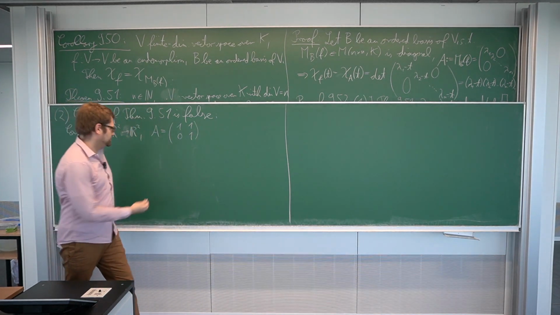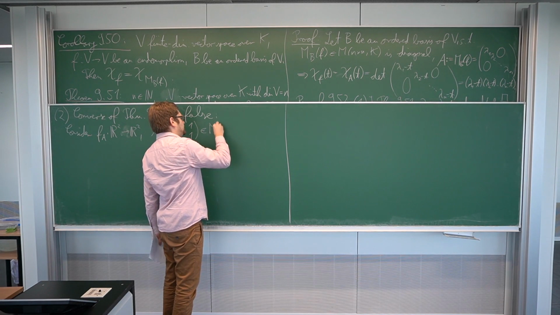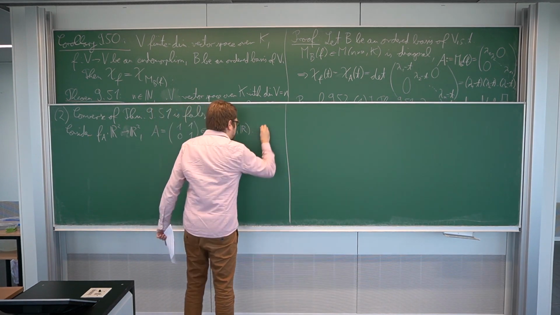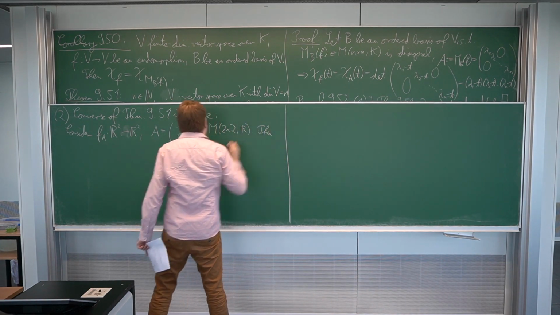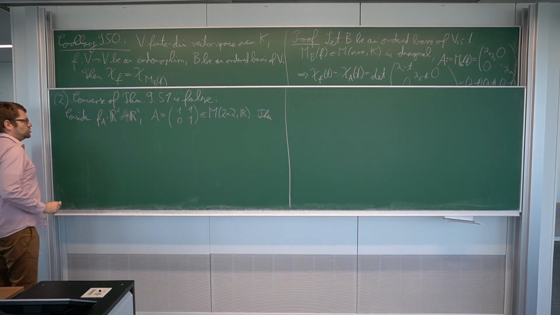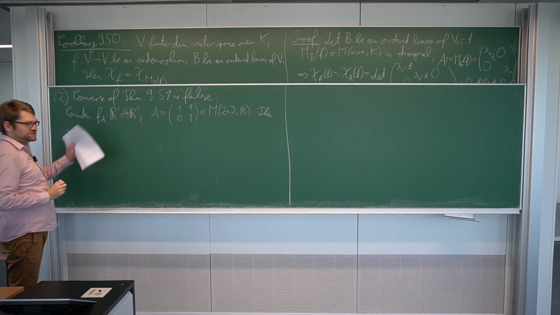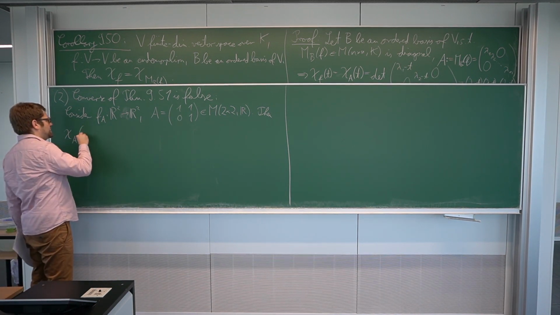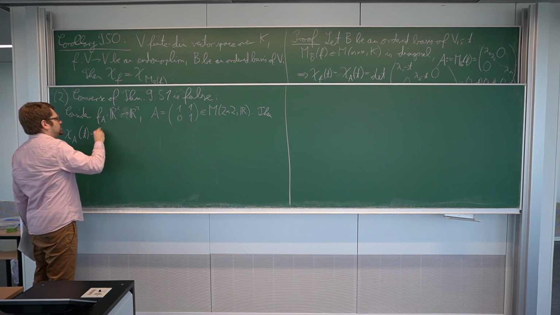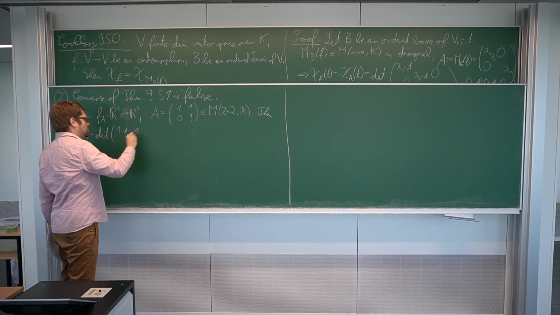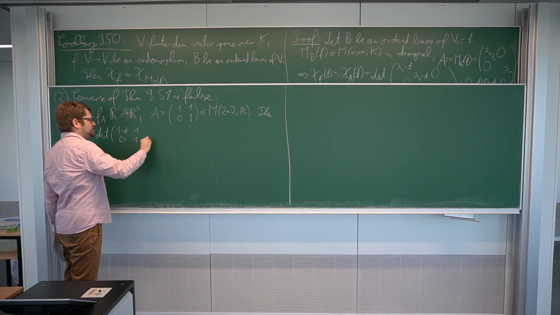How simple can it be? This is just a simple matrix here. So this is a 2 by 2 matrix with real entries. Then what's the characteristic polynomial of this? So the characteristic polynomial of A, which is the same as of F_A, so this doesn't matter, chi A of t, is the determinant now of 1 minus t, 1, 0, and here we get 1 minus t again.